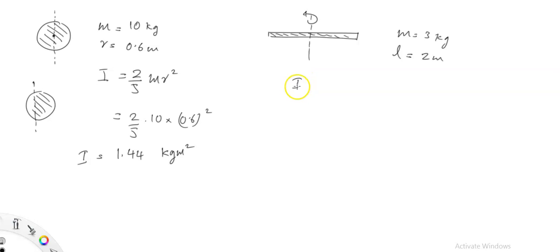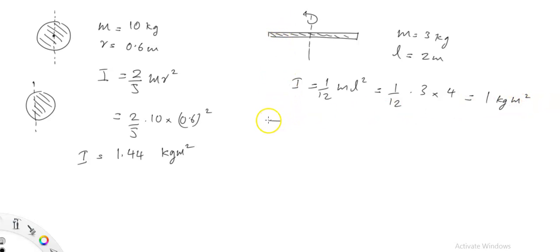So I is given by 1/12 ml squared. Right, so you just plug the numbers. 1/12, 3 times 2 squared is 4. So okay, this is nice, just 1 kilogram meter squared.